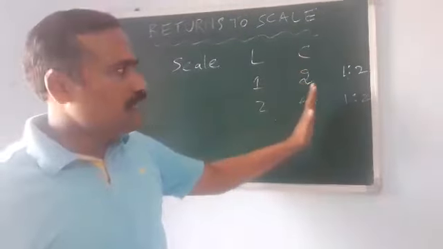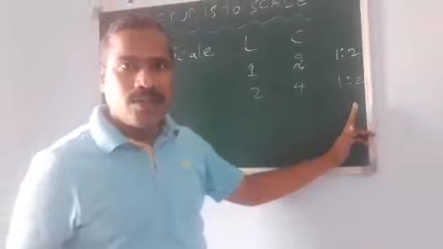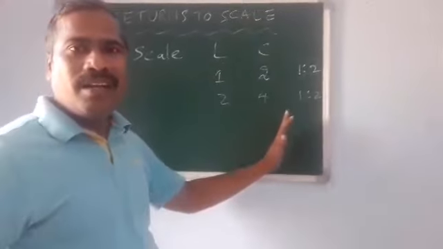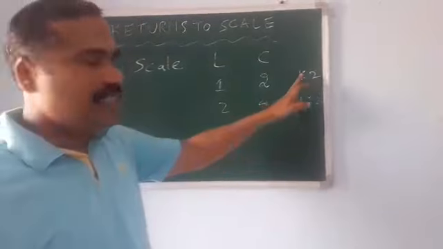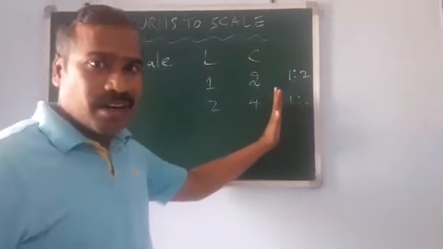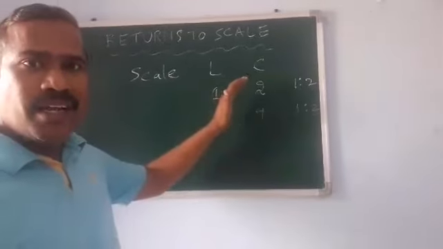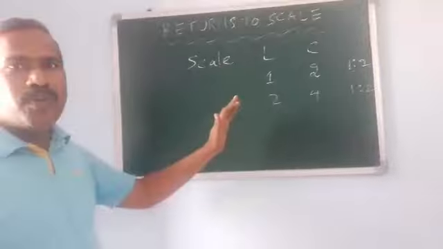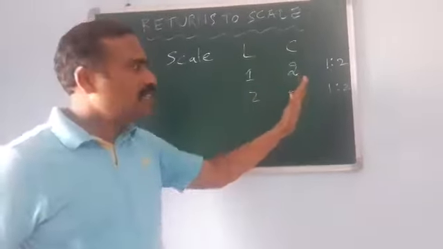Without changing the scale, as we increase the labor and capital, automatically we will get more production. By this we are getting more production. Okay, so I think you understand what scale is.